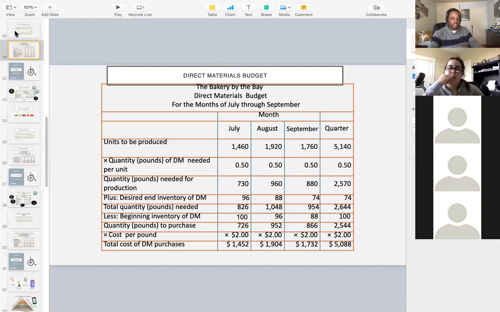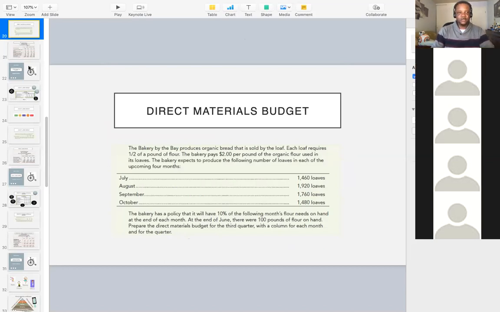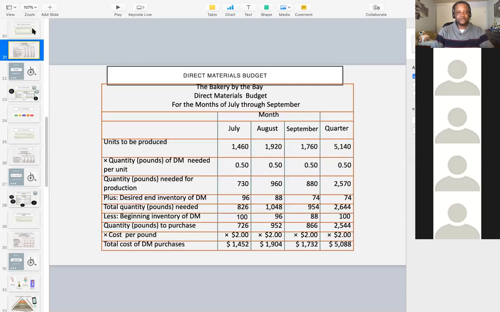So that 100 came from here. At the end of June, there were 100 pounds of flour. Oh, got it. Thank you. This was difficult to get through because I couldn't pop back and forth between the question and the solution. But now you can kind of see it.